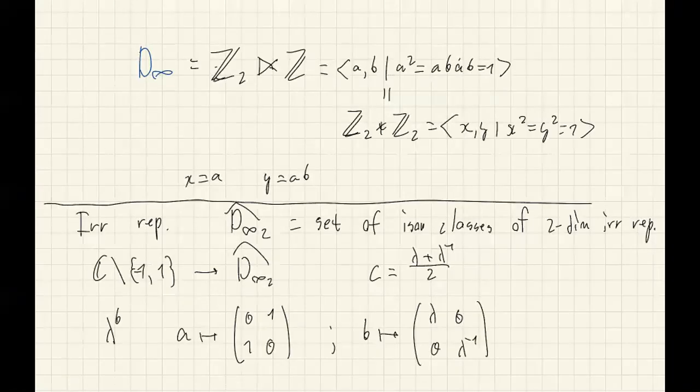I came up with a new notation for the characters: we have characters I call them eta plus, eta minus, and xi plus, xi minus, because 1 and 2 are confusing.